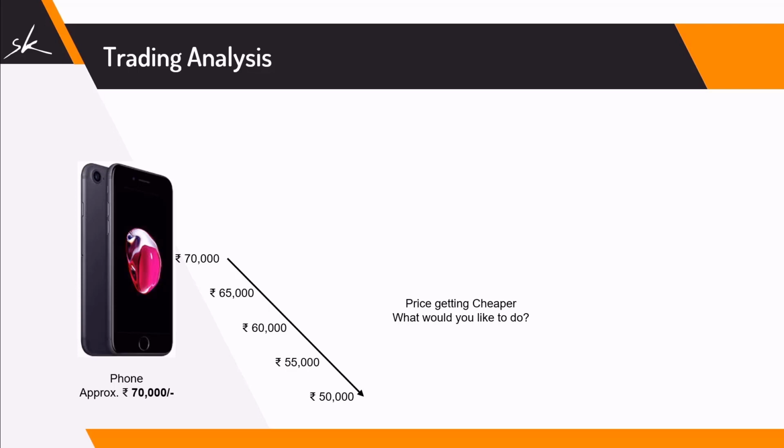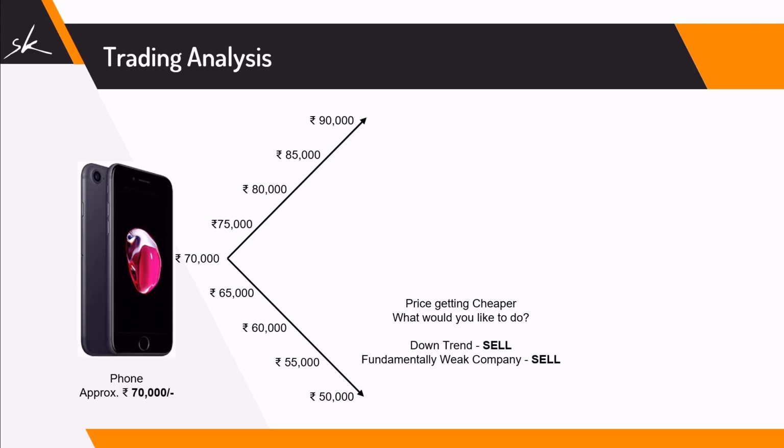But for a minute, if we look at it technically and fundamentally, technical analysis teaches us that in a downtrend we should sell, and if a company is fundamentally weak we should sell. Now what if the prices were moving up from 70,000 to 75,000, 80,000, 85,000, 90,000? Since the price is getting expensive, what would you like to do?